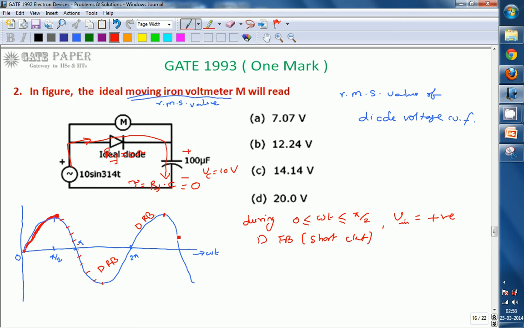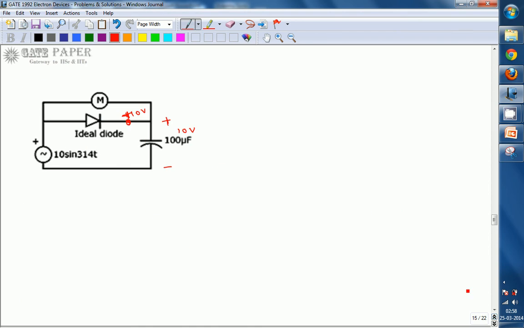Whenever the diode is under reverse bias, we can draw the diode voltage equation like this. There is 10 volts across the capacitor, and the ideal diode under reverse bias acts as an open circuit.